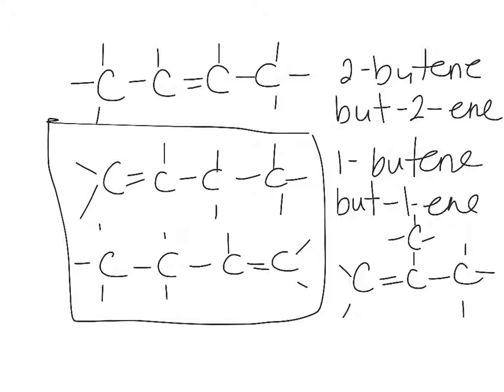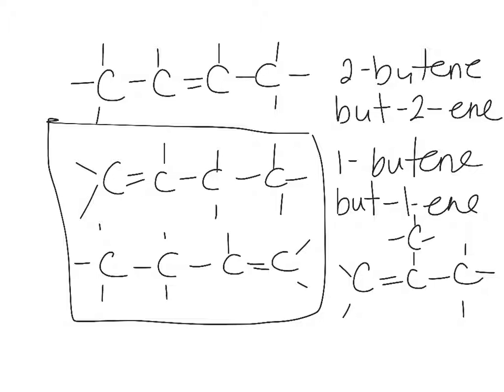There is only one place for the double bond, so you don't have to put it in. However, I strongly suggest you always put the number in so that you never forget it when you need it. I will mark it correct either way for this one. Any others? Or are we done?